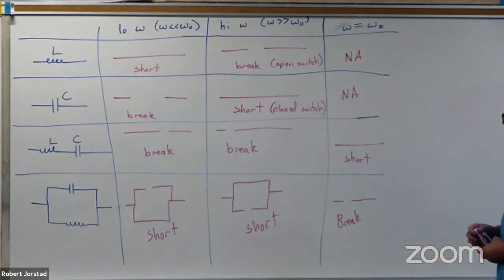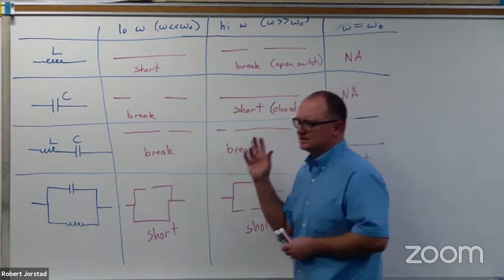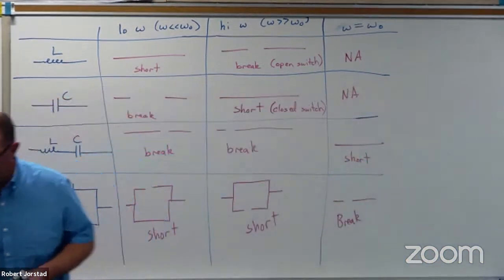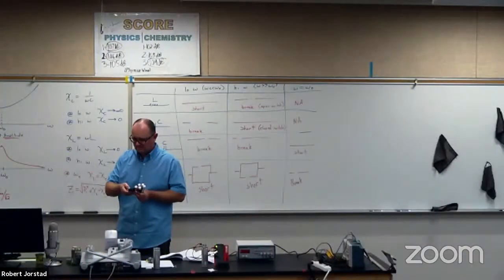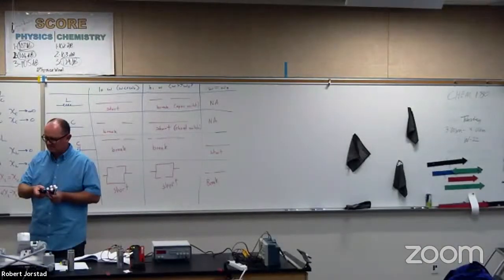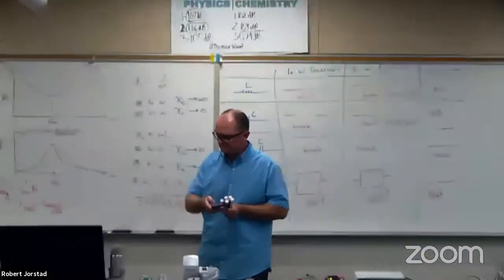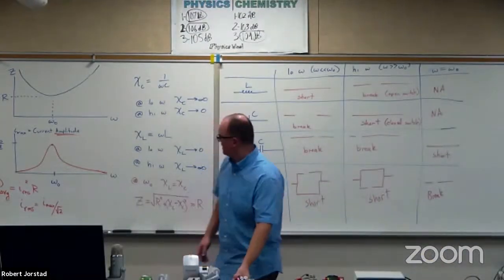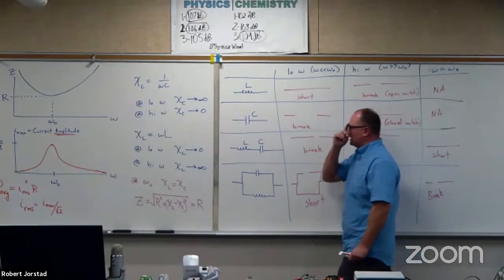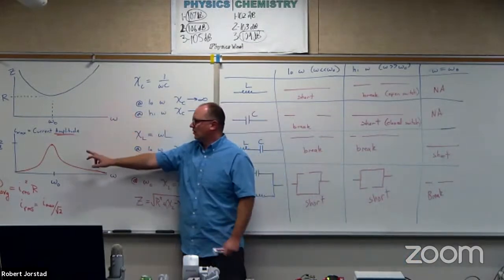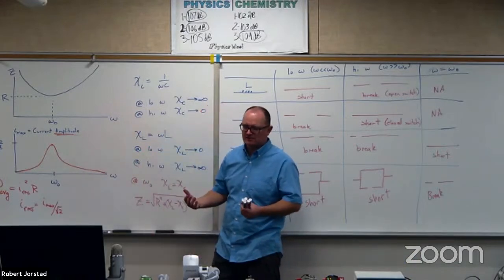And so the idea here is you can use this information to sketch out these plots. If you know this information conceptually, that helps you sketch out what Z or the current amplitude will look like as a function of frequency.